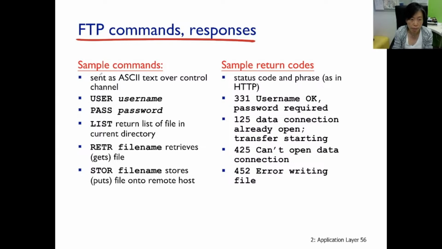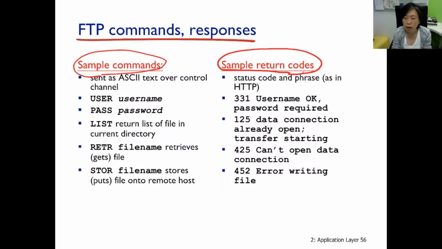So these simple commands are messages the client sends to the server. And the server typically returns these return codes, right? So very much like the HTTP request, the control part sends commands and necessary information to help the command be executed at the server side.